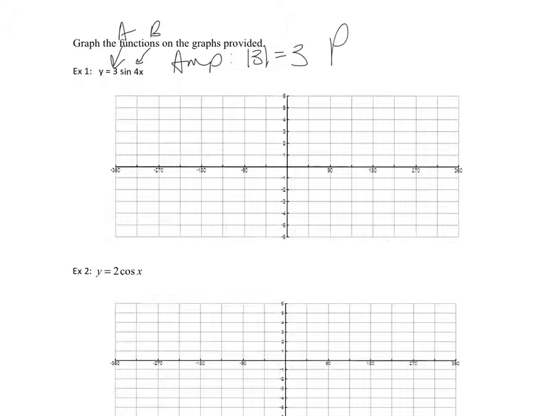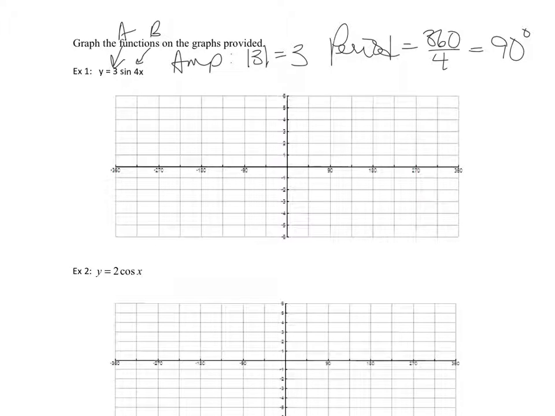So my period of this graph is 360 divided by that value of B. B is 4, so that means my period is 90 for this curve. That means in 90 degrees, this graph is going to complete one full cycle.